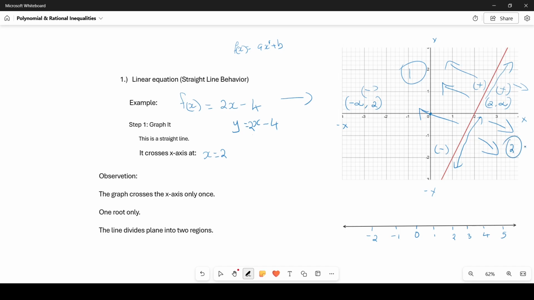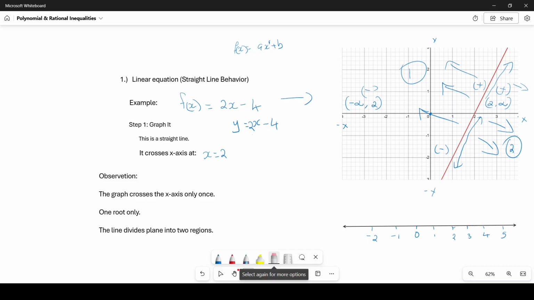So a straight line cuts the plane into two regions. Also, x is equal to 2 is where the graph crosses the x-axis, and the sign also changes from negative to positive.